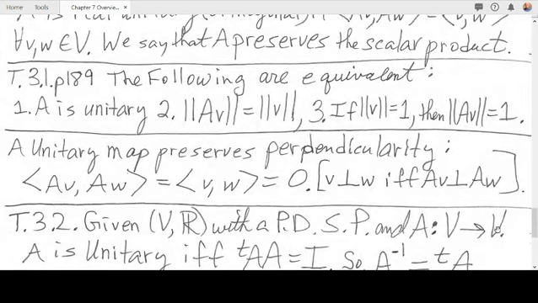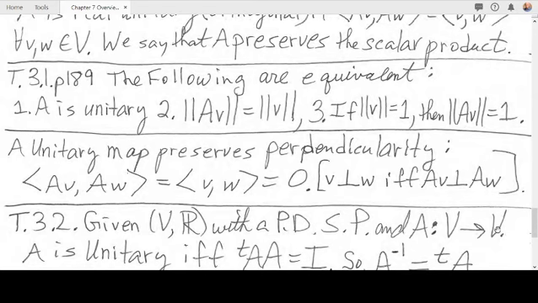So that third one says that a unitary operator maps unit vectors to unit vectors. And also, it's quite obvious that a unitary map preserves perpendicularity. That is, the scalar product of AV with AW equals the scalar product of V with W equals 0, meaning V is perpendicular to W if and only if AV is perpendicular to AW.